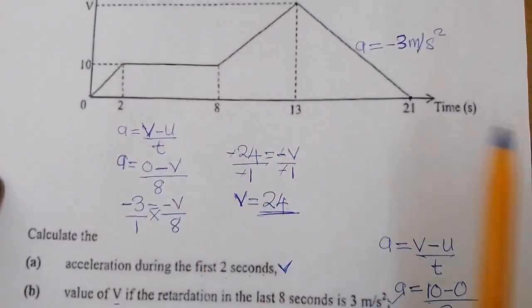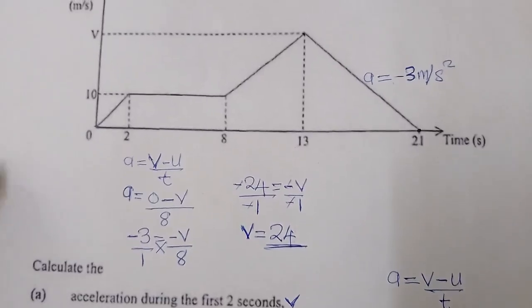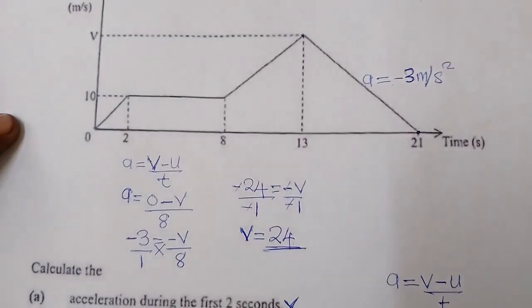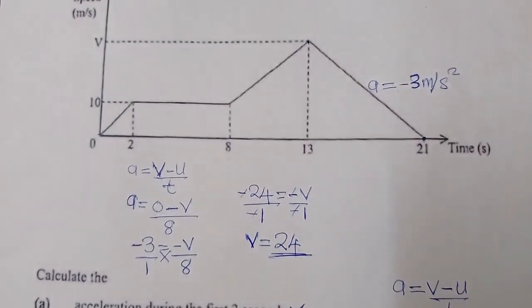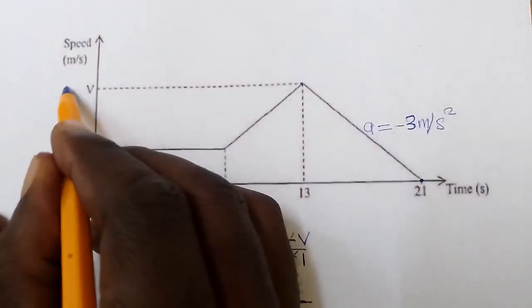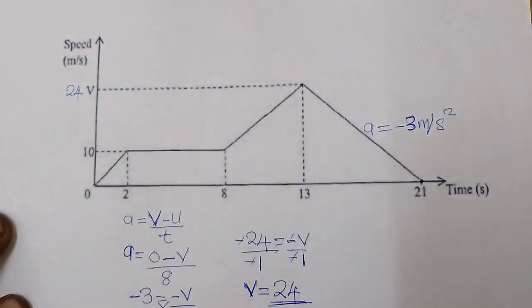This whole journey now. How do you calculate the average speed for this whole journey? To make things very easy for you, where there is V there, you are going to put the actual value which is there. The value there is 24. So you can put a 24 there so that you don't get confused, because you are going to use that one.